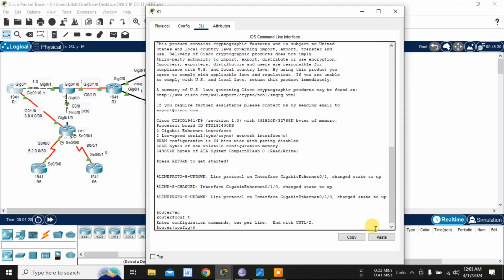I have actually provided the IP by the help of console, so it's not necessary to provide the IP address here by the help of the command line interface. I will be skipping that topic because I have already provided the IP by console. Now I will provide the static routing configuration, that is ip route.